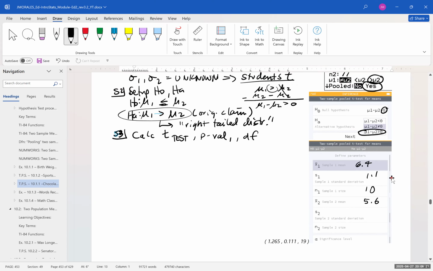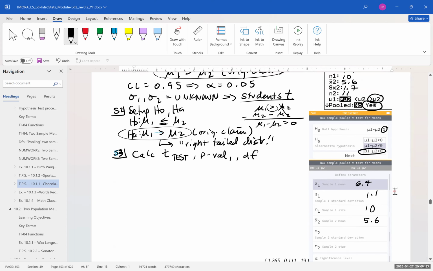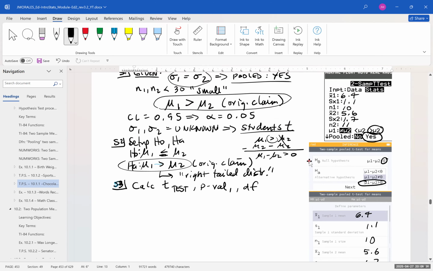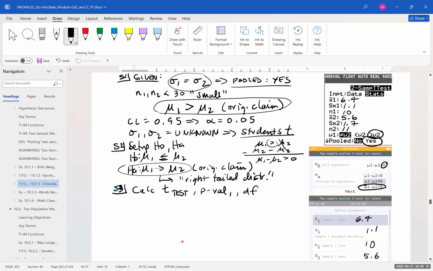Oh, wait, I need standard deviation. Okay, 1.7, 11, significance level of 0.05. All right, so let's go ahead and put that information in the two-sample t-test.